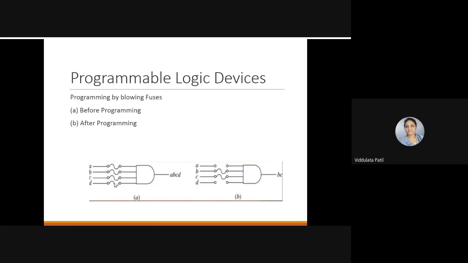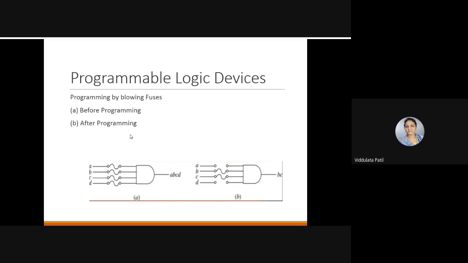Here you can see that this is an AND gate, a 4-input AND gate, so there are 4 inputs: A, B, C, and D. You can see that there is a fuse between each input and the actual input of this AND gate. Before programming, it will have the structure like this, where you can see that all the fuses are connected together.